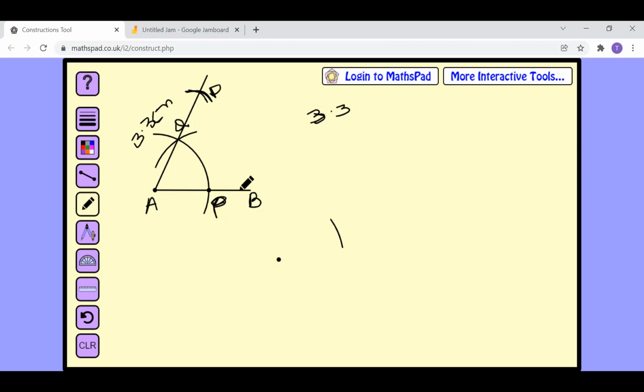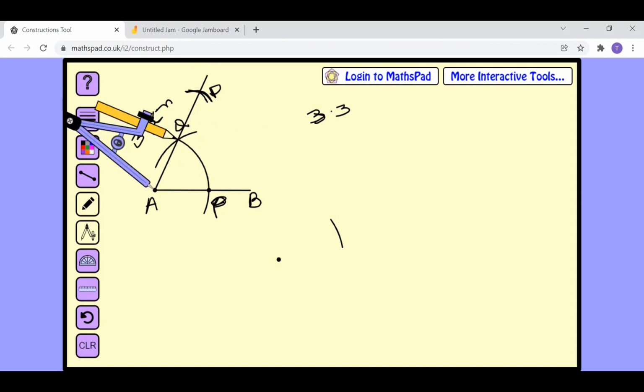Wait, how do you get the P mark again? You put your compass at A, and you take any length. You open your compass to any length that you want to. It can be this much, it can be this much. Open as much as feels feasible.